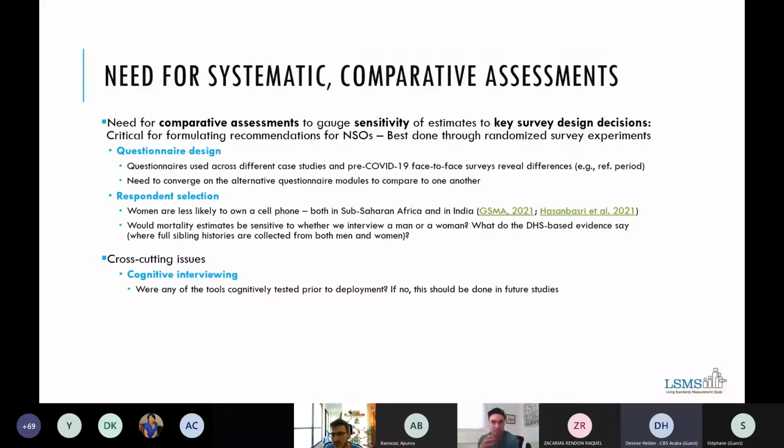Cognitive interviewing, in some sense, could get to that as well, but generally about understanding the interpretive process or the response provision on the part of the respondents in response to these survey questions that we're asking. It's an important practice. I'm not sure if any of the tools that were presented today were cognitively tested, but in future studies, I think it should be done.